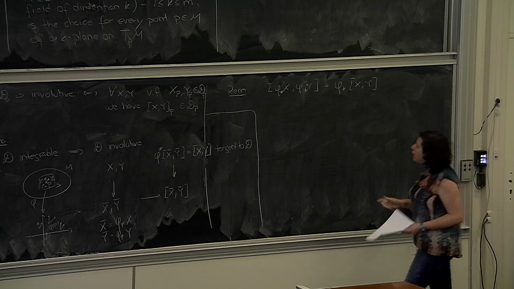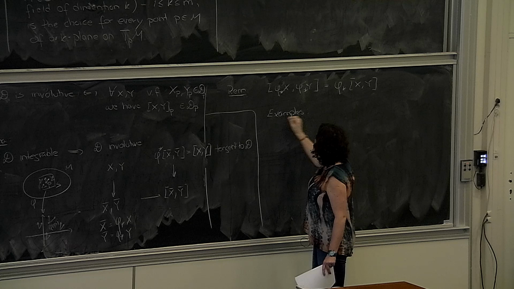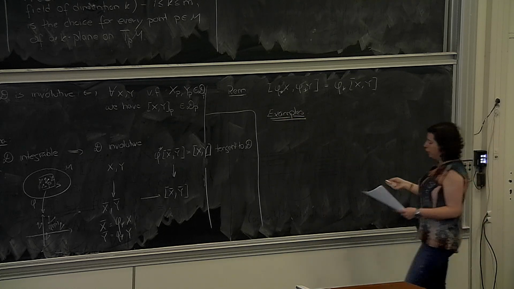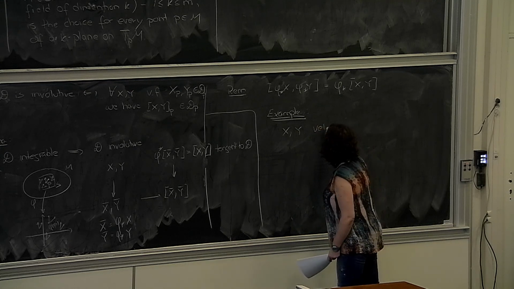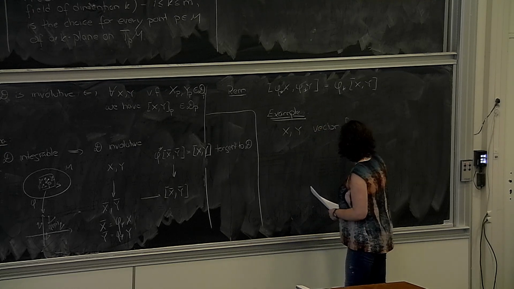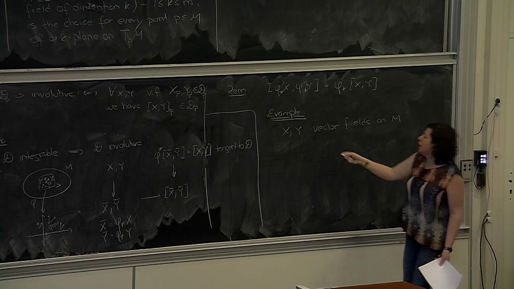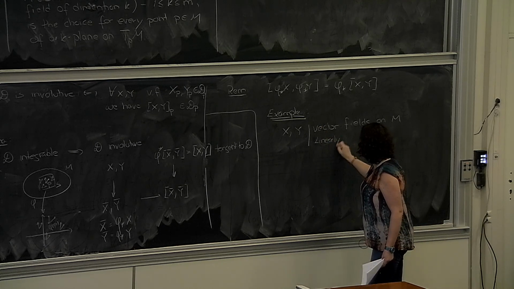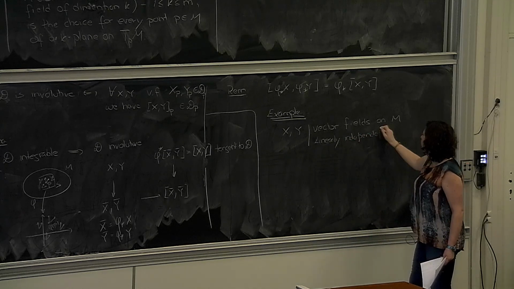And in fact, I can give an example of a distribution that is not involutive. Okay? So let us assume that X and Y are vector fields on M. Okay? Let us assume also that they are linearly independent everywhere.